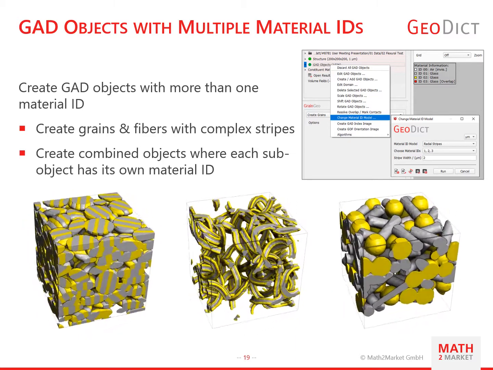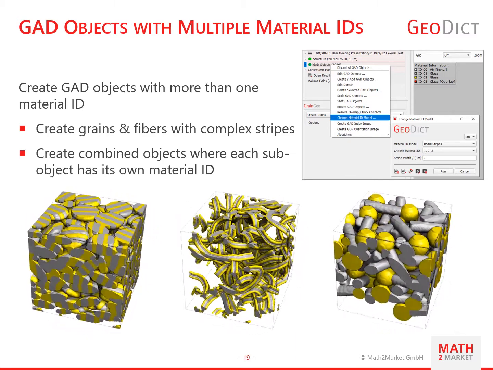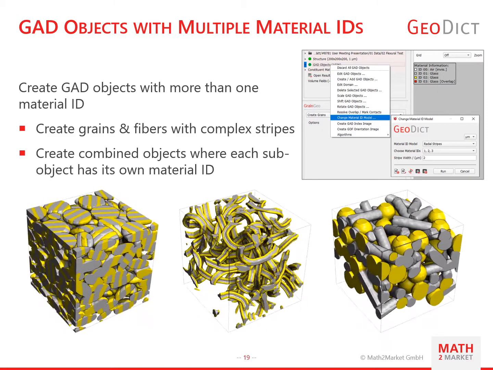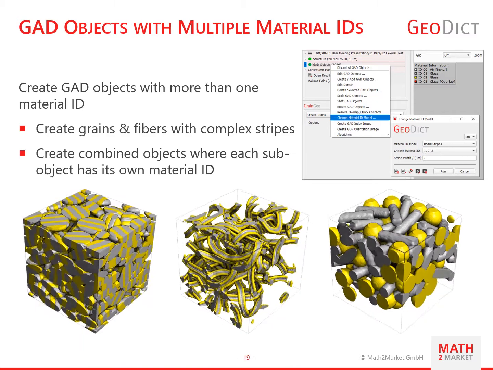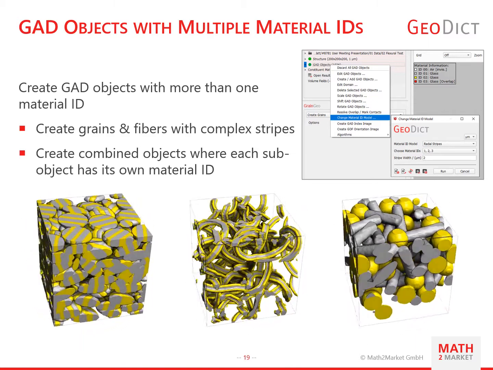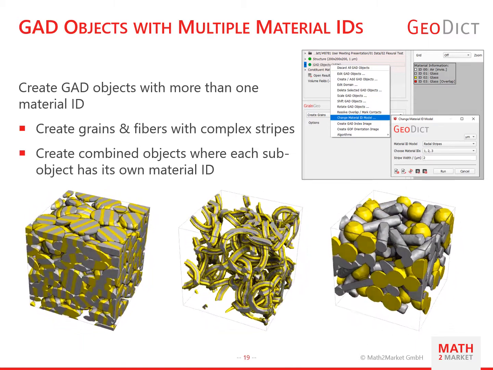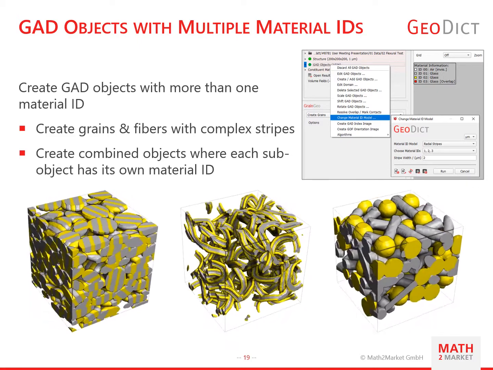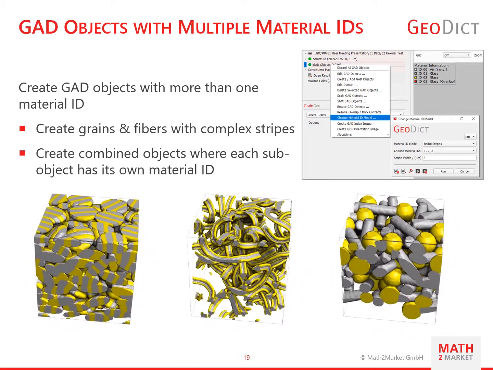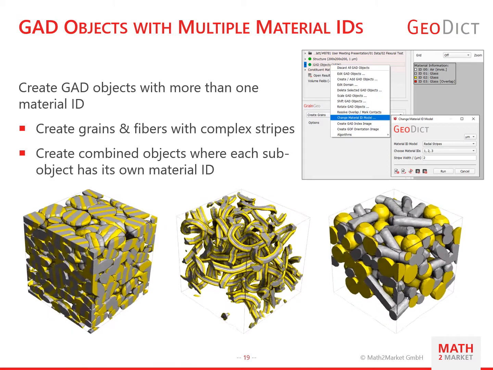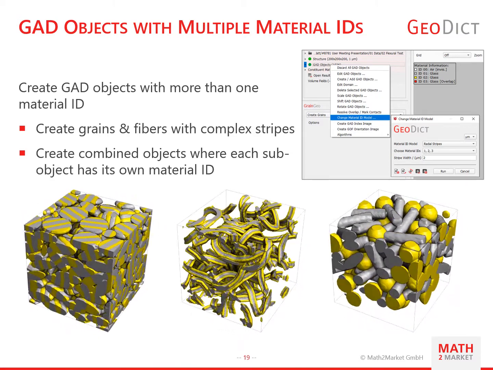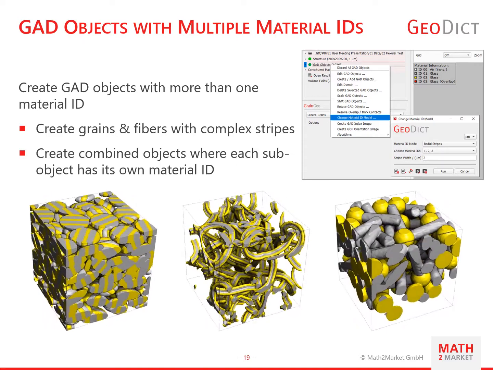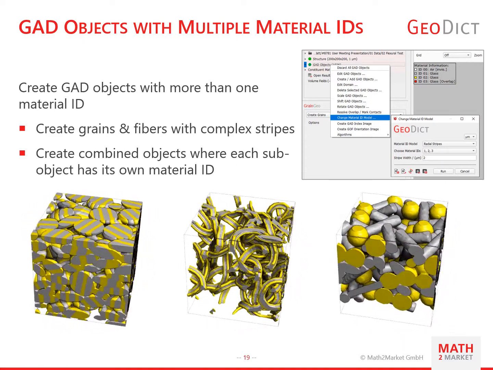Choose Change Material ID Model and create structures as shown on this slide. Here we see grains with stripes, trilobal fibers with radial stripes, and combined objects where each sub-object has its own material ID. With this new feature, one has countless new options for more realistic structure modeling in GeoDict.